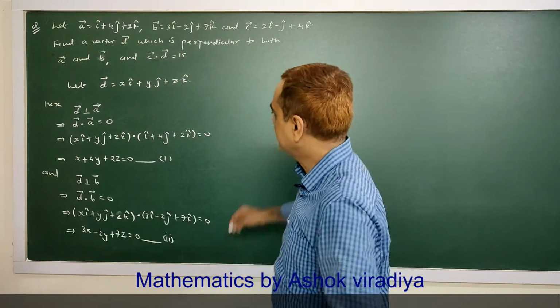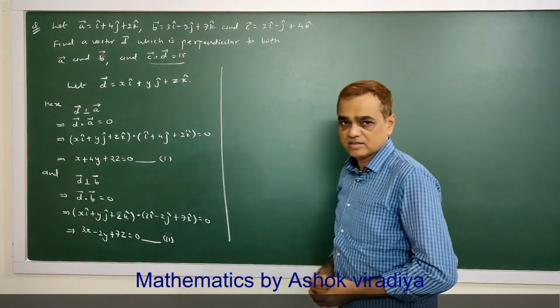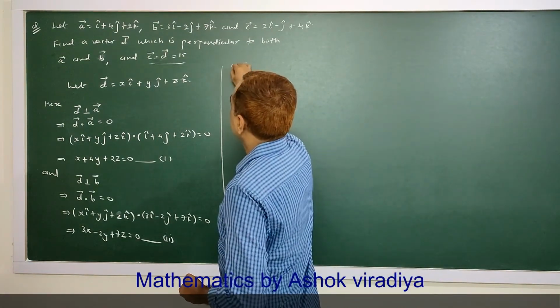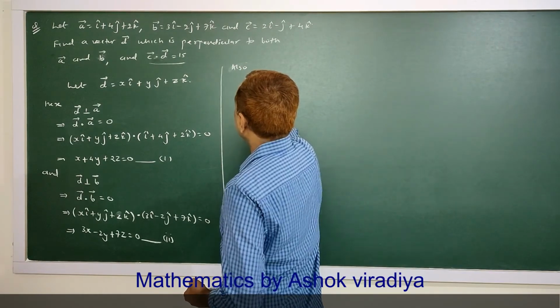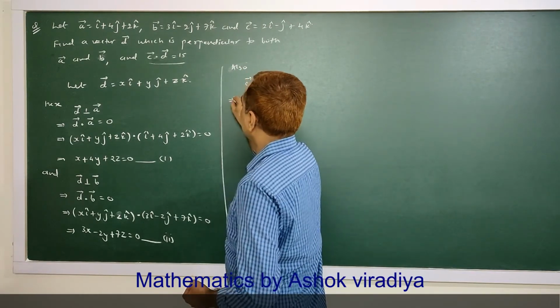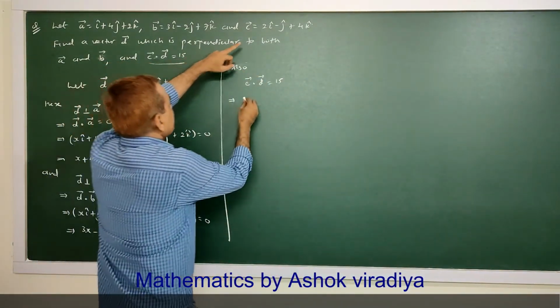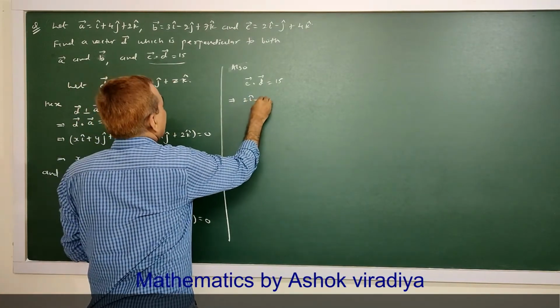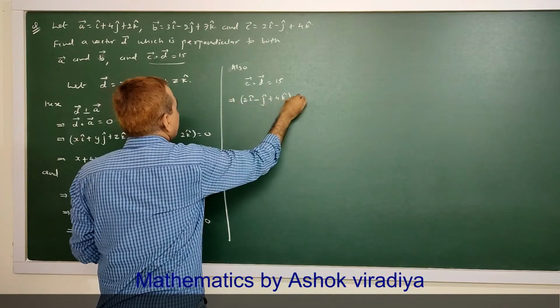One more equation can be derived from one more property. We are also given that the dot product of D with C is 15. Vector C is 2i minus j plus 4k.